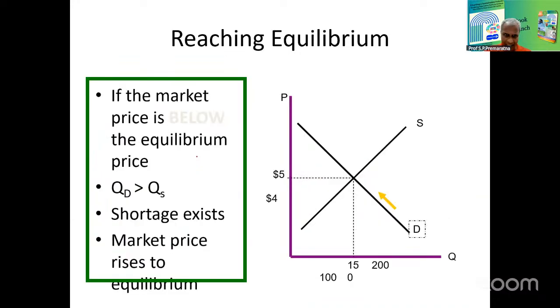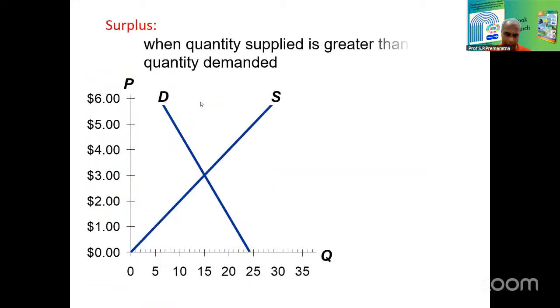The opposite side, below the market price, creates, as I explained, a shortage. Here, the price is low, there is huge demand but not enough supply. It creates a shortage. So automatically the price increases, settles down and reaches the market equilibrium price.